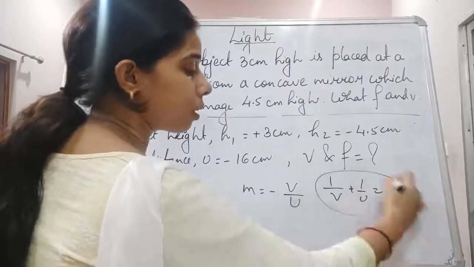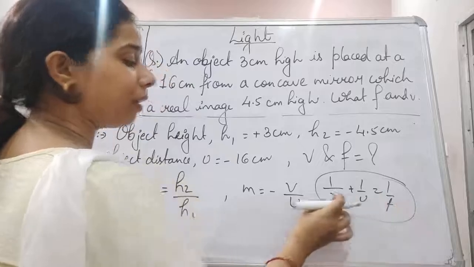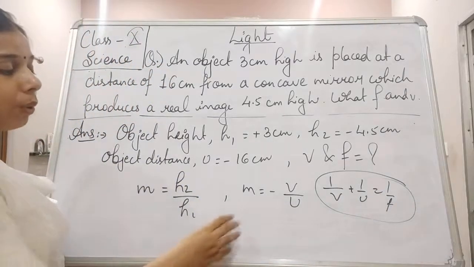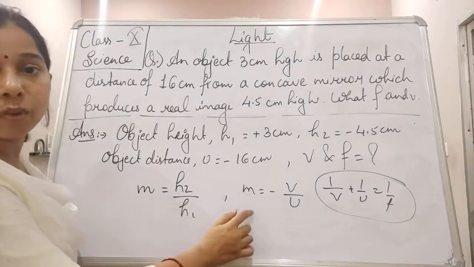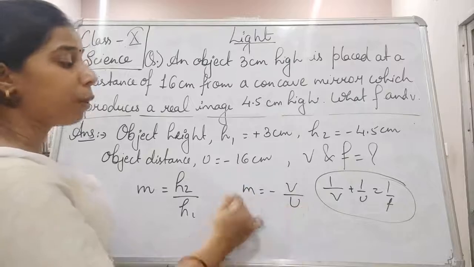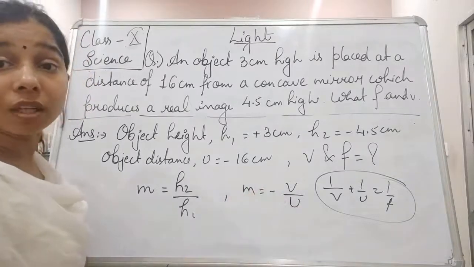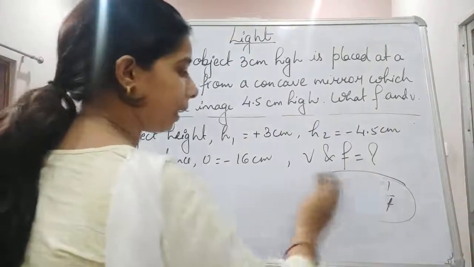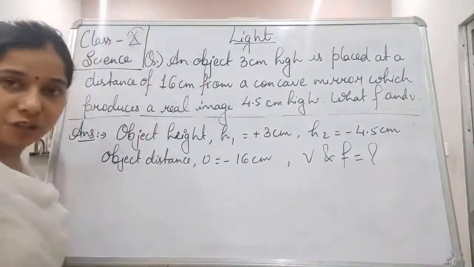Because here the focal length and the image distance are both not given. So if we are able to get the value of the magnification, and the object distance is already mentioned, it will be quite easy for us to get the value of the image distance.